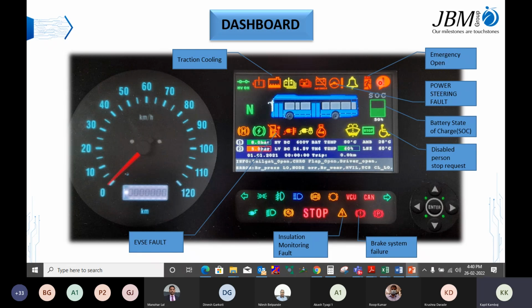And this is the emergency open if someone has pressed it, and if any steering fault comes, this type of symbol will come. This is the state of charge. If a disabled person's stop request is pressed, and this is a simple stop request. So we tried to accommodate all information on the first page itself.